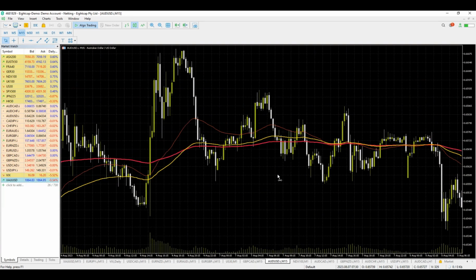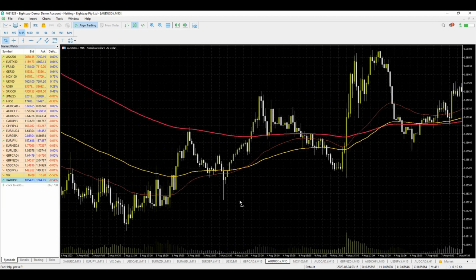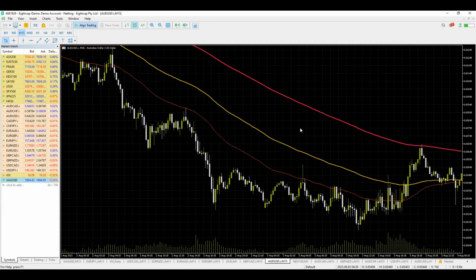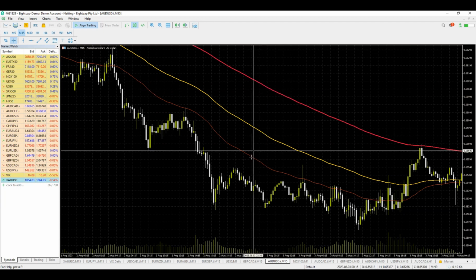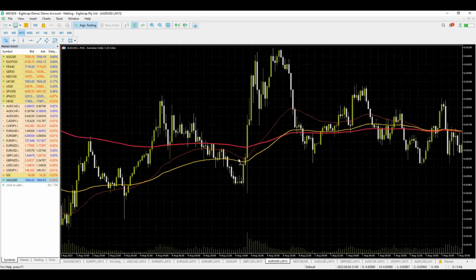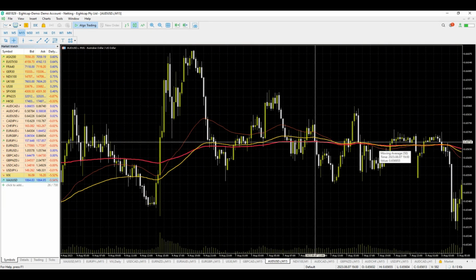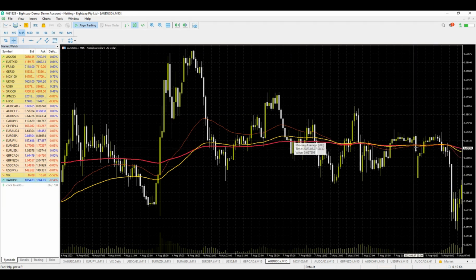Right, so look at this for example. What we need firstly is for these moving average lines to be divided like this, not entangled like in a flat line type of chart.